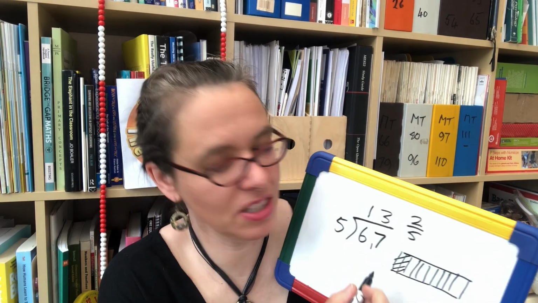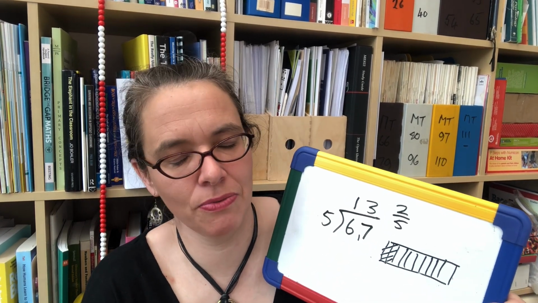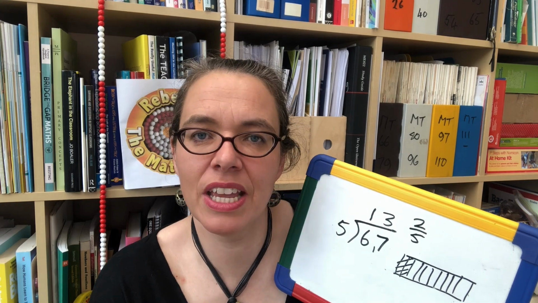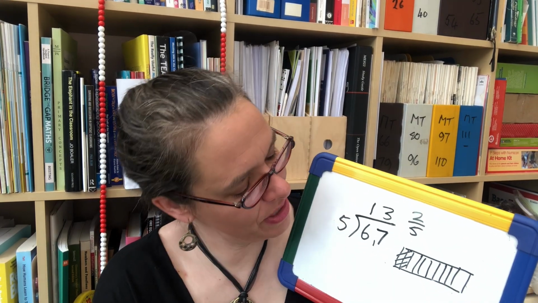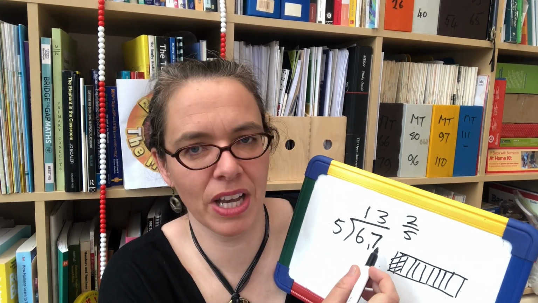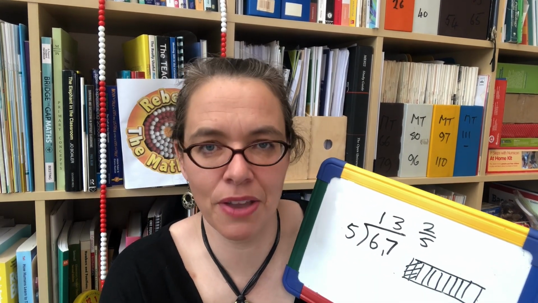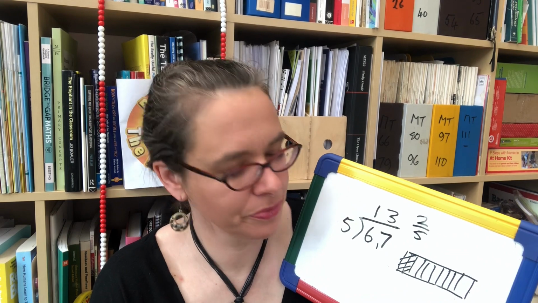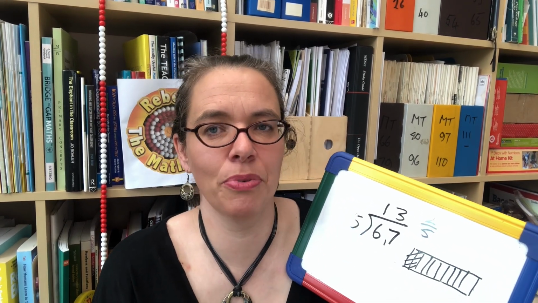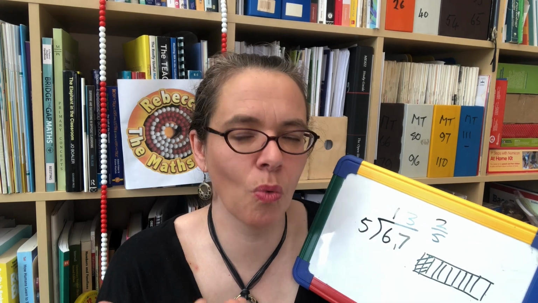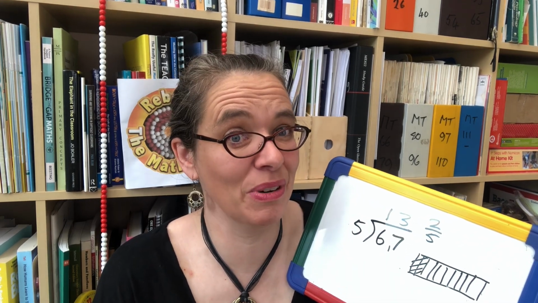So if it's remainder 2 and you're dividing by 5, you get 2/5. If it's remainder 3 and you're dividing by 7, you get 3/7. If it's remainder 5 and you're dividing by 9, you get 5/9, and so on. If you do lots of these carefully, you will see that pattern. You'll come to appreciate how it works and why it is so easy once you've seen it.